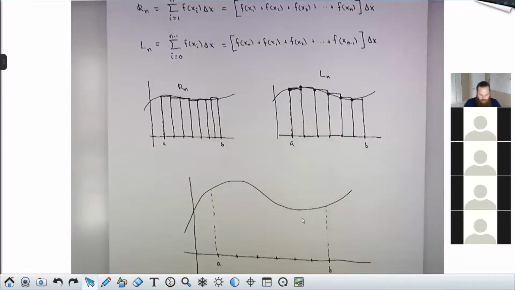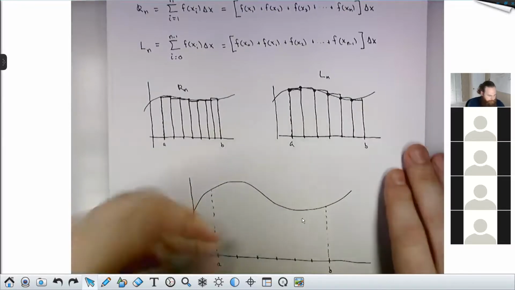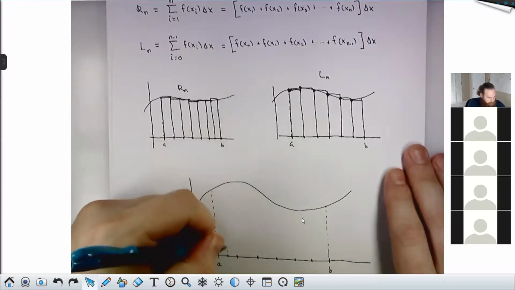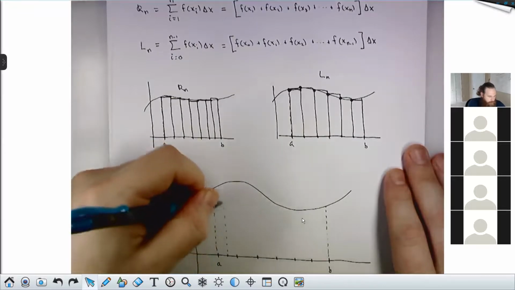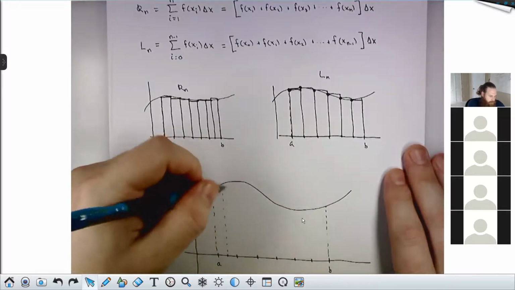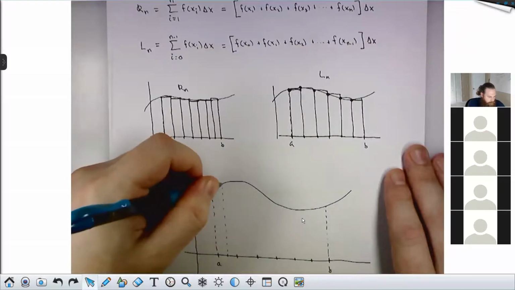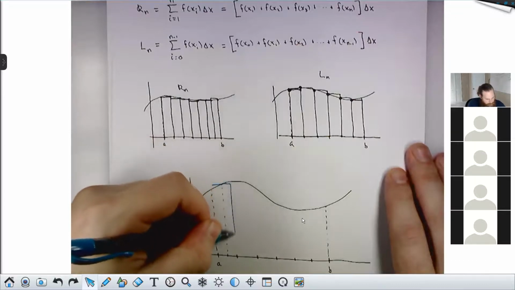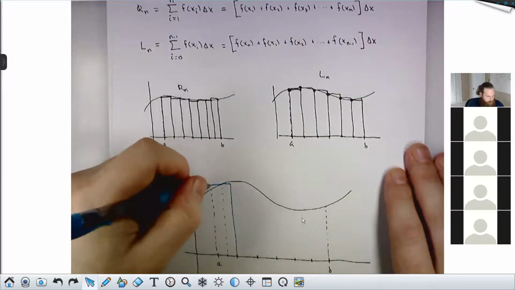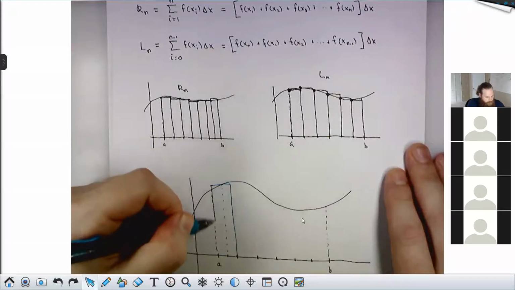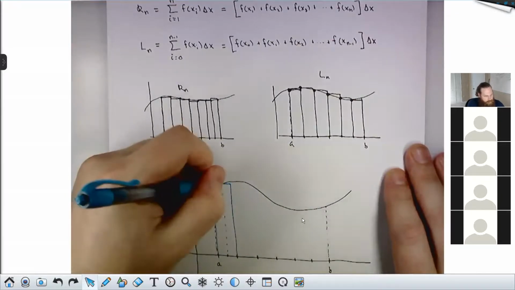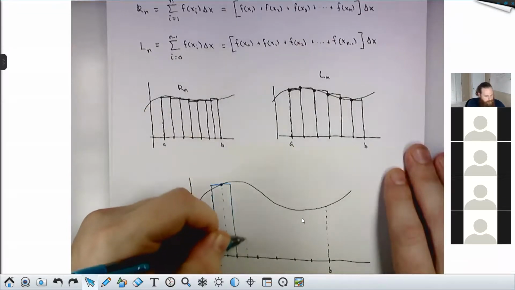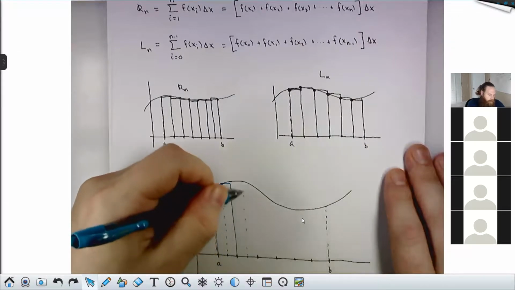But now from each one of those subintervals, I find the middle and I use that to determine my height. And it just turns out that this is the same as averaging the left and the right.